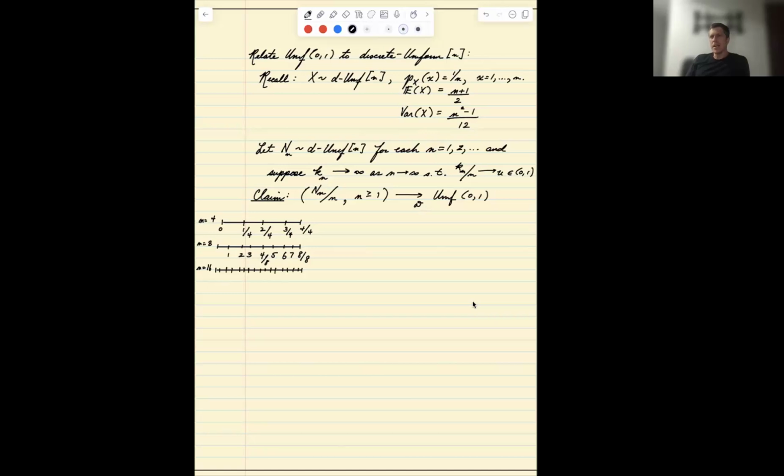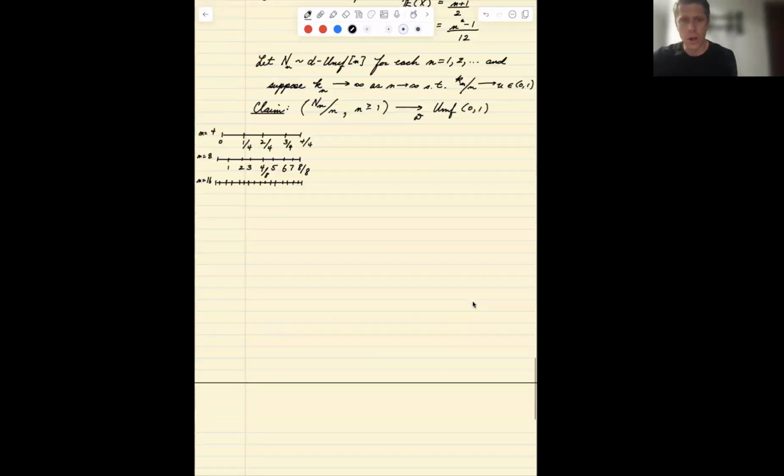So in other words, what we're saying is that the discrete uniform distribution, if we take a very, very large set and we take the uniform distribution on the large set, and then we scale the random variable by dividing by n so that the result is between 0 and 1, then we get something that's approximately uniform 0, 1.